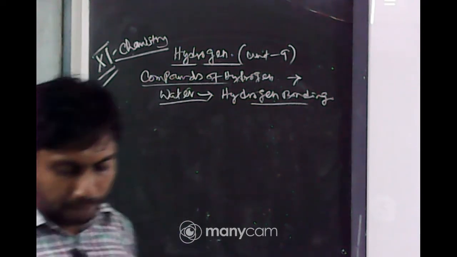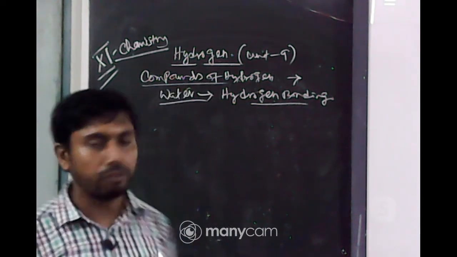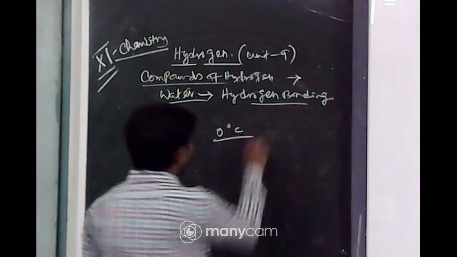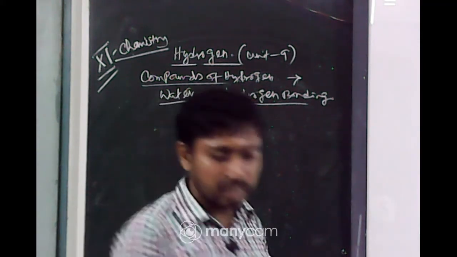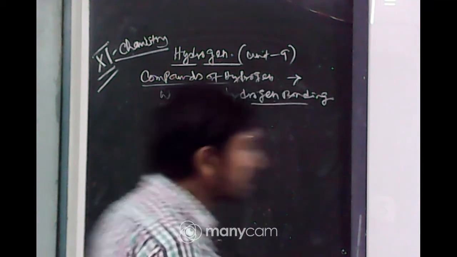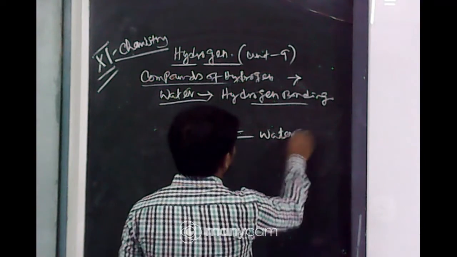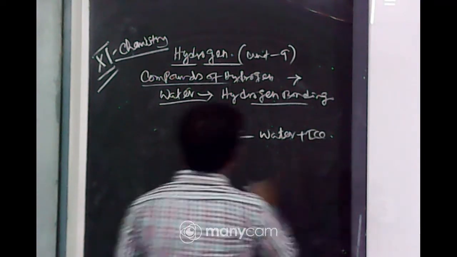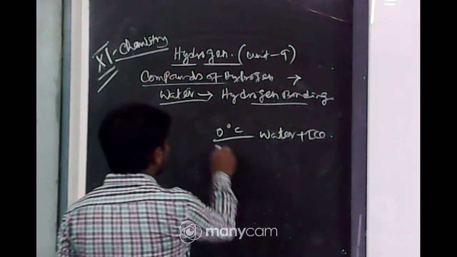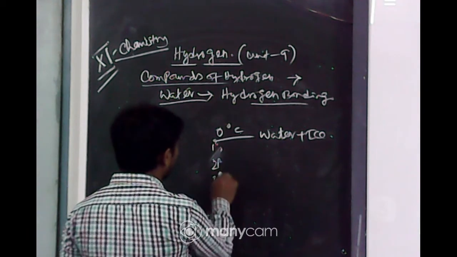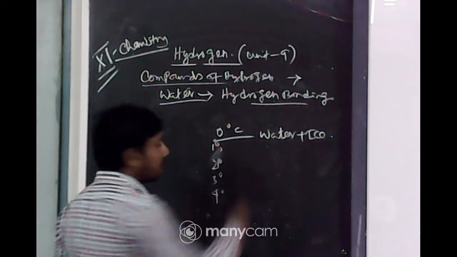Now, water has a maximum density at 4 degrees centigrade. Now, at 0 degrees centigrade, what happens? At 0 degrees centigrade, it is the coexistence of water plus ice. Now, when we increase the temperature, from 1 degree to 2 to 3 to ultimately 4 degrees, what are the changes?